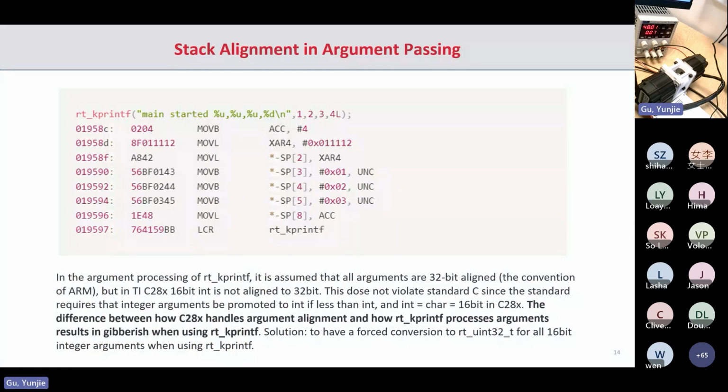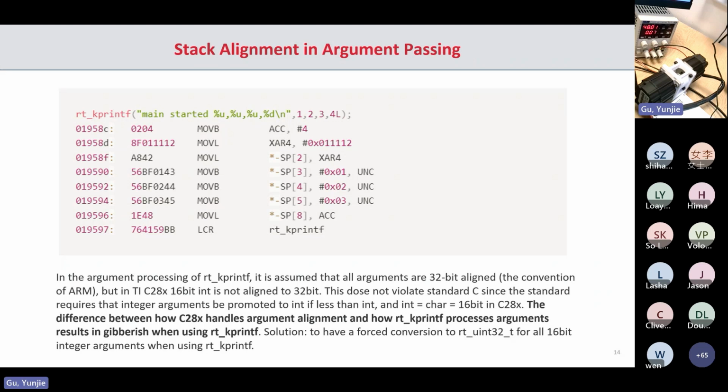For the first one, stack alignment, I'll give an example here. Say for this function, rt_printf, this is a variable argument function. In the standard protocol, the arguments are aligned to 32-bit, and then the formatter can just take each of these arguments by an offset of 32-bit on the stack.